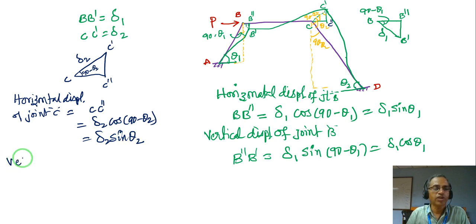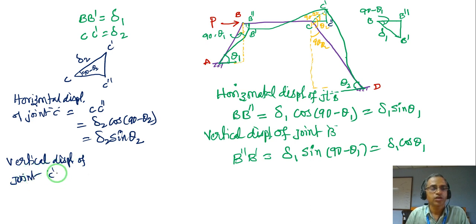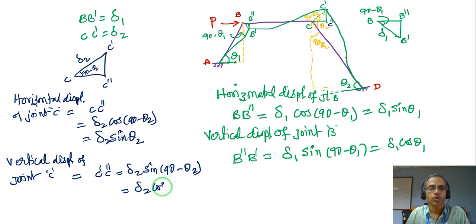What will be the vertical displacement of joint C? It is nothing but my C dash C double dash, which is delta 2 sin of 90 minus theta 2, equal to delta 2 cos theta 2. This is very, very important to understand.